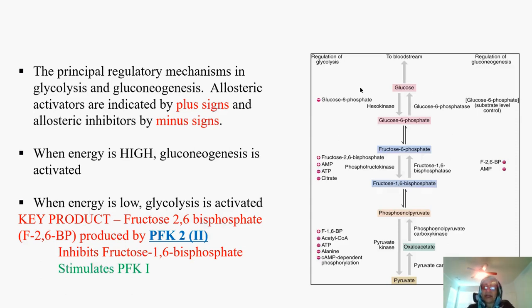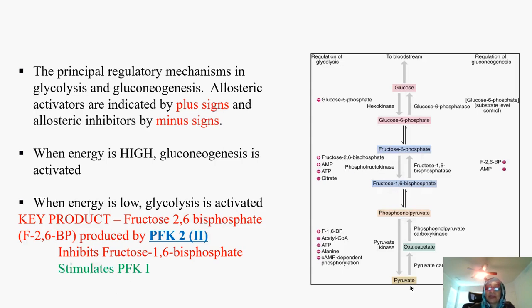Okay, so this slide will show you the details about the molecules that I just talked about, like fructose 2,6-bisphosphate. So it's negatively regulating gluconeogenesis. That means it will inhibit it. But if you look on the other side, on glycolysis, it will activate PFK over here.